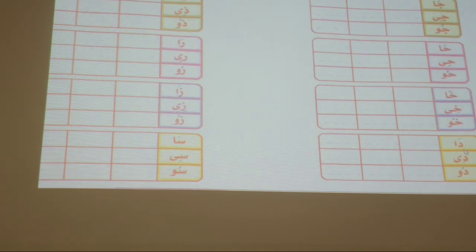It doesn't connect afterwards. And the dal also, and the ra also, and the za also. They don't connect with what's after. Right? So da, di, do.